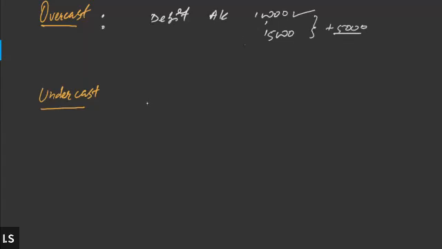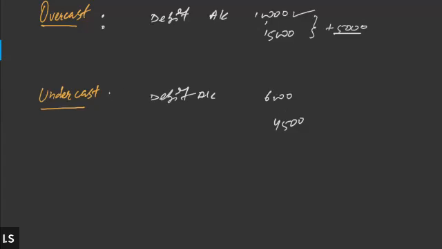But let's suppose a particular account needs to be debited by 6,000, but instead of recording 6,000 in that account, I have only recorded 4,500. That means I have under recorded the amount in the account.